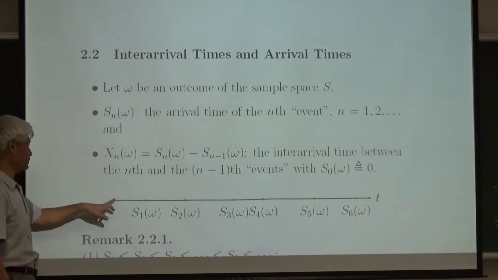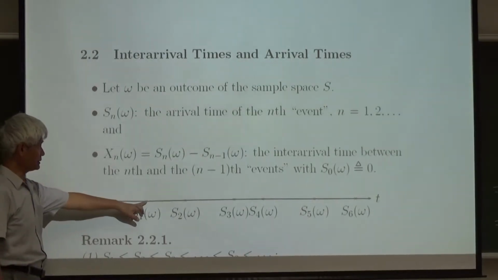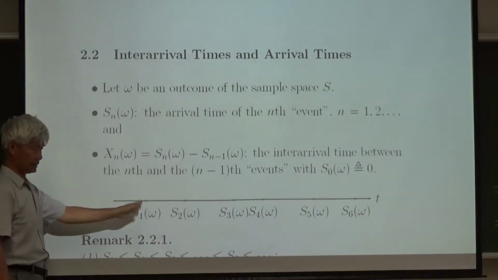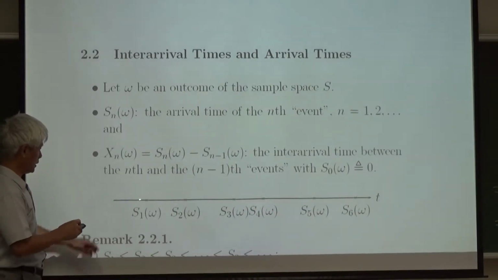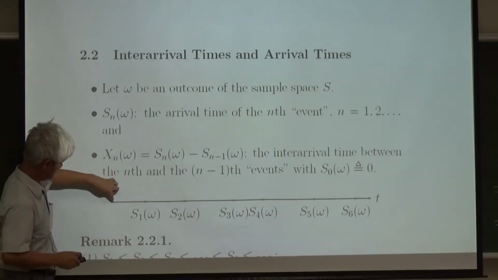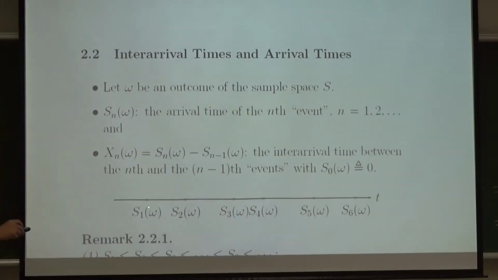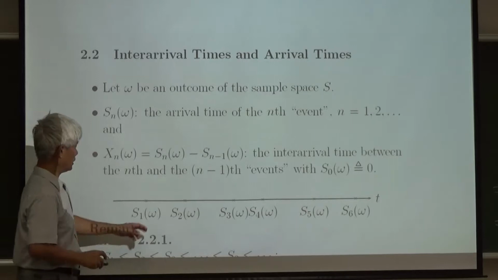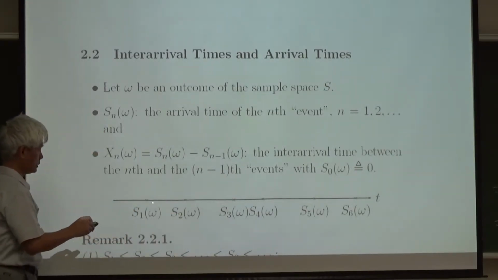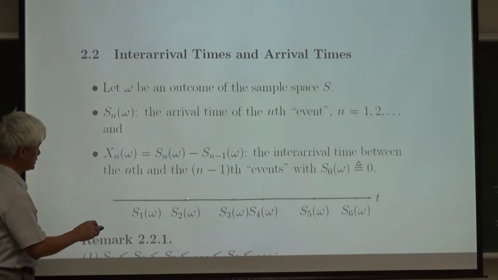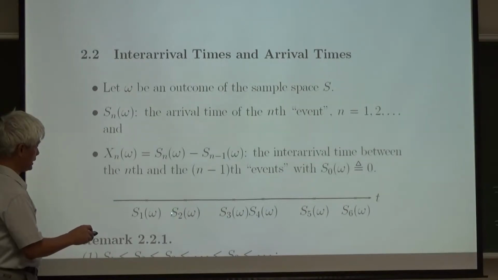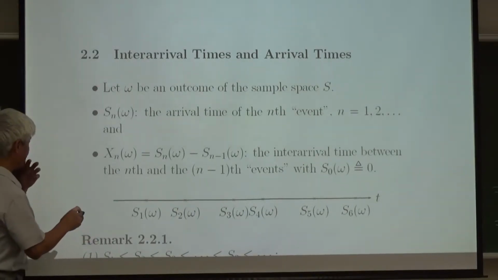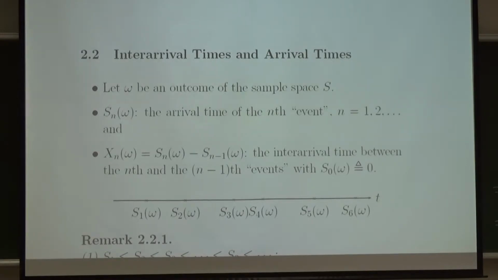S1(omega) is the arrival time of the first event, so we wait not long for the first arrival. To wait for the second arrival, you wait this time interval, whose length is X2, which is the difference between S2(omega) and S1(omega), etc. So we can describe the point process in terms of inter-arrival times.